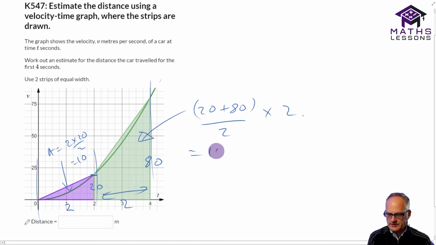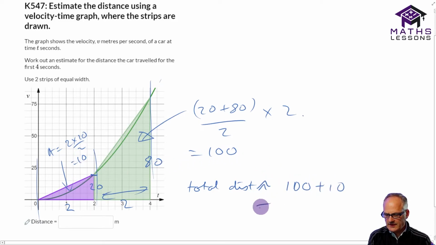So this just comes out to be 100. So therefore the total distance is approximately equal to, because we used this triangle and this trapezium to estimate the area under that curve, 100 plus 10. And we can see that this will equal 110 meters.